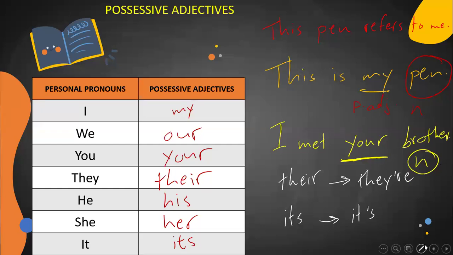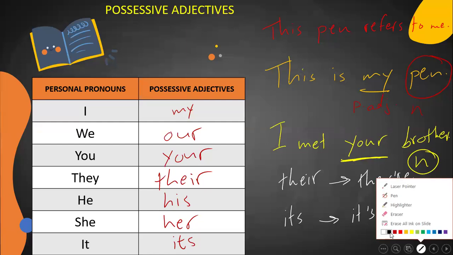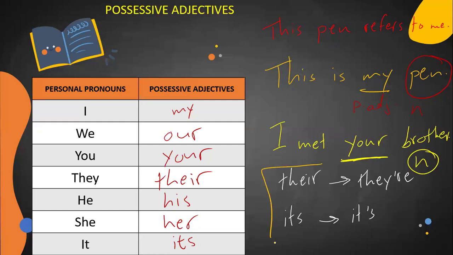The ones which we have here in the table are possessive adjectives. But this one, there, is the shortened form of they are, and it's is the shortened form of it is and it has. So please be careful. Be careful, okay?